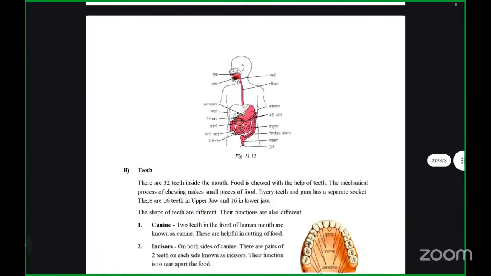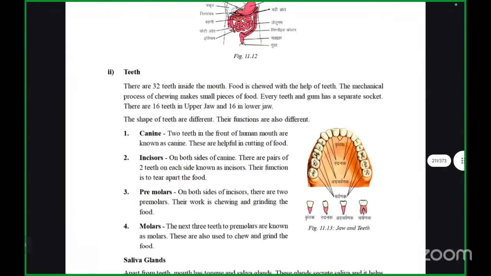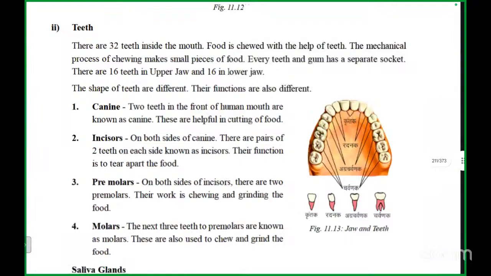In the mouth there are teeth, and we know that 32 teeth are found inside the mouth, in our upper jaw and lower jaw. We did the types of teeth, right? Canines, incisors, premolars, and molars. I taught you that incisors are the front teeth, used to bite into the food or cut it.